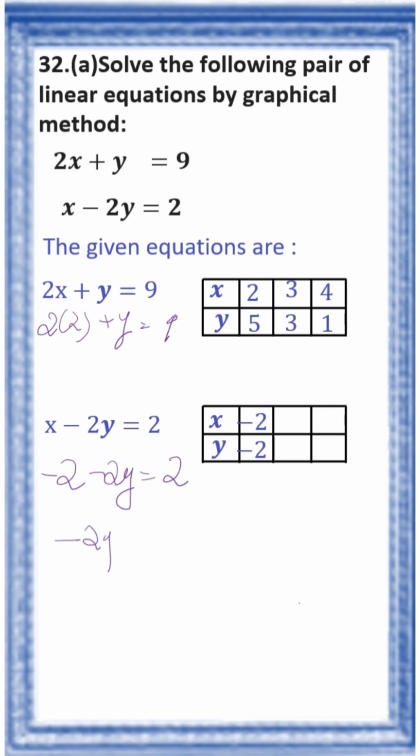Negative of 2y is equal to 2 plus 2, that is 4. So y is equal to 4 by negative of 2, that is equal to negative of 2. If x is equal to 2, y is equal to 0. If x is equal to 4, y is equal to 1. Here itself you can tell that the graphs cut at the point 4, 1.